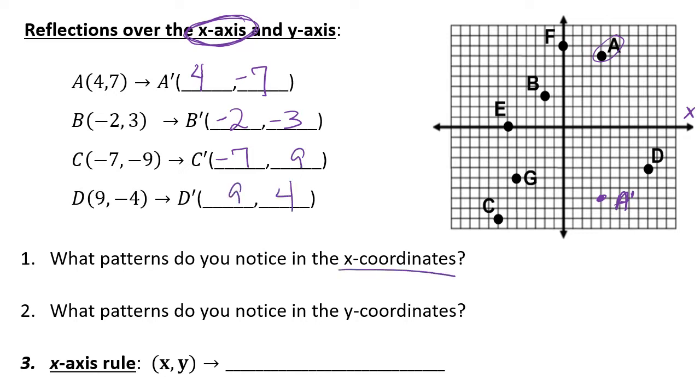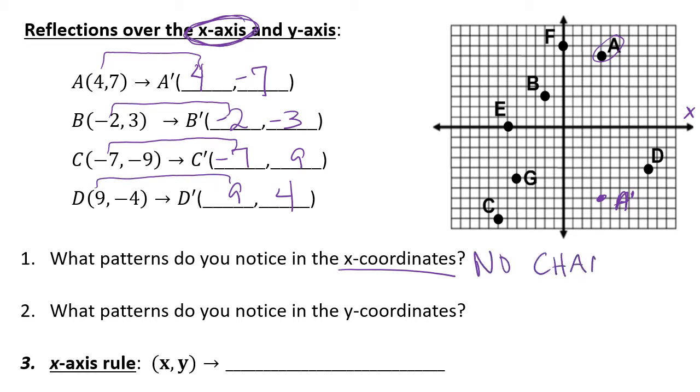So when I look at the patterns in my x-coordinates and compare the x-coordinates of each of those points, the one thing I noticed is that there was no change. Those absolutely 100% stayed the same. Now, when I look at my y-coordinates, 7 went to -7, 3 went to -3, -9 went to +9, and -4 went to +4.